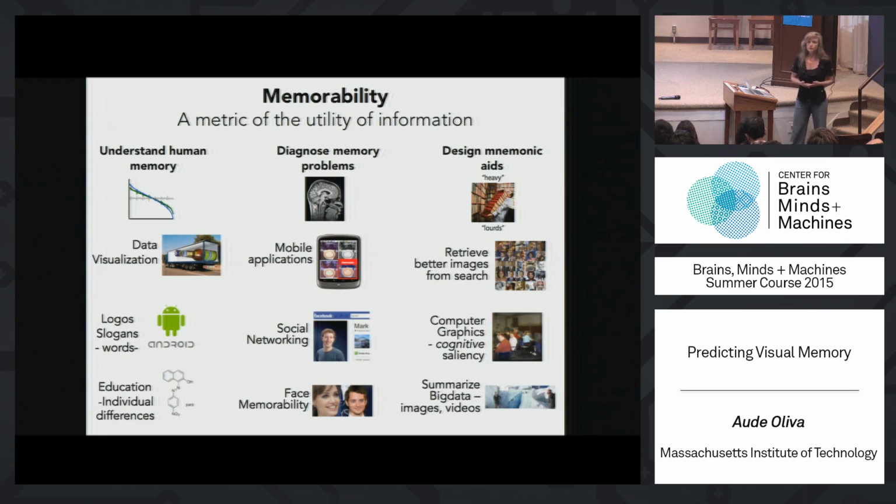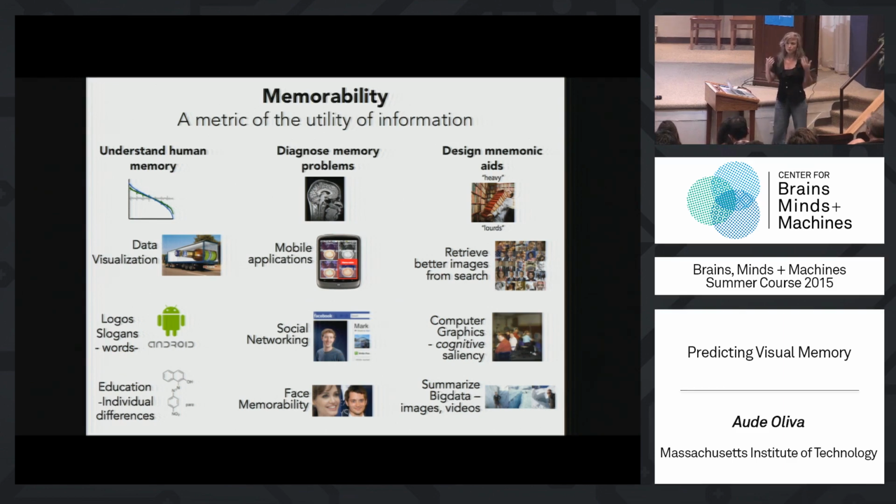But besides basic science, if you could predict information that is memorable or forgettable, there is a realm of applications that lie everywhere, from data visualization to making slogans better, as well as all the realm of education and the individual differences that may arise between people. Someone who will not learn very well: what can we do to increase the memory of visual information that this person can grasp?